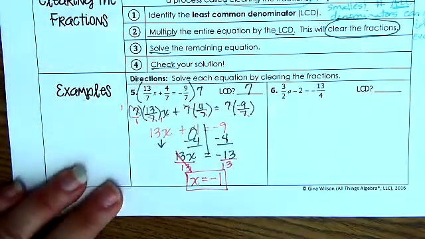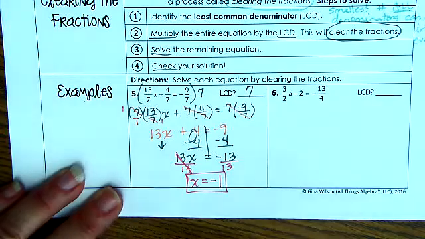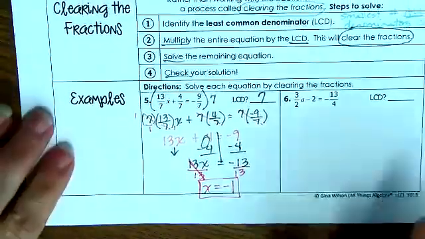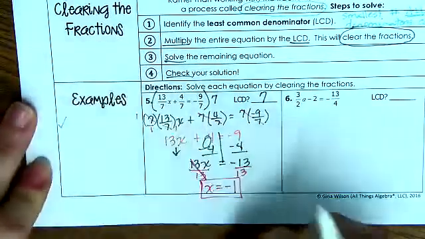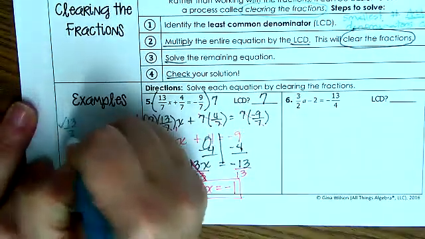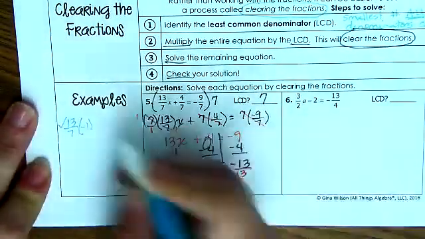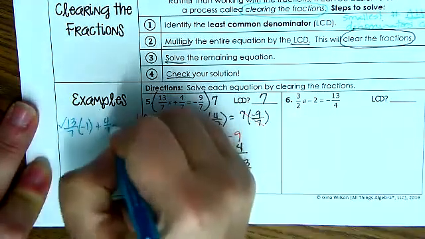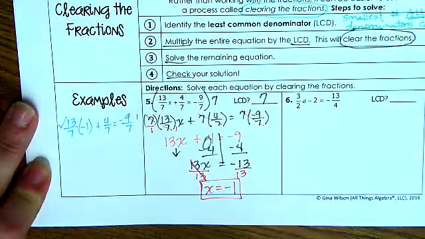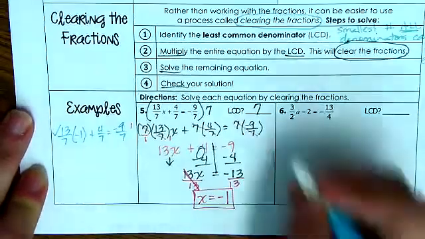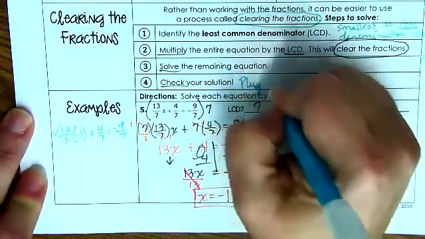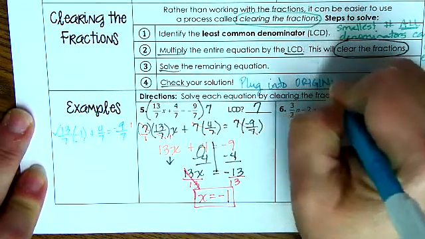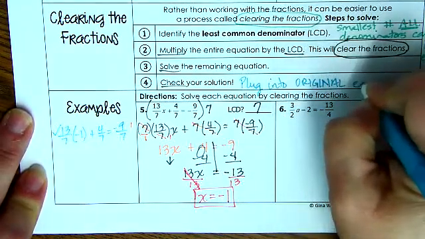And remember, to check, we always plug it back into the original problem. So if I'm checking, I'm going to have 13/7 times negative 1 plus 4/7 equals negative 9/7.